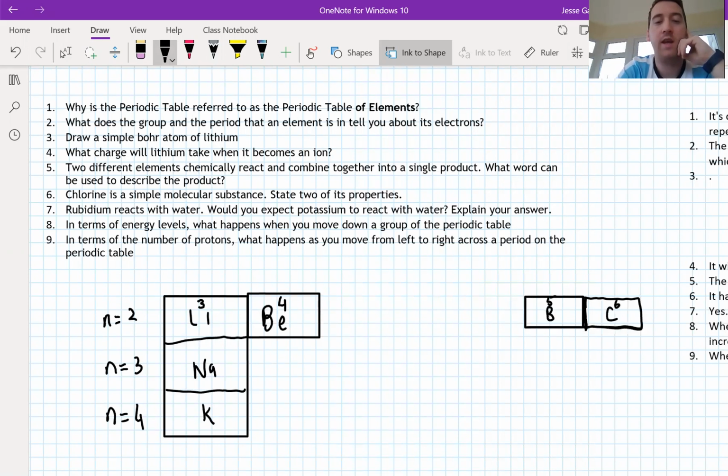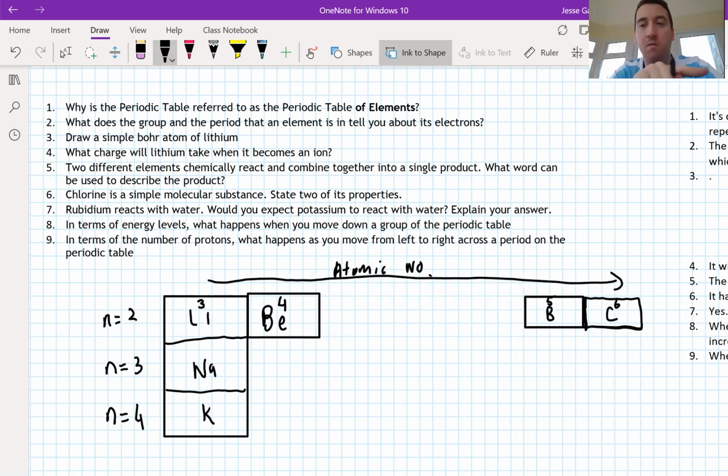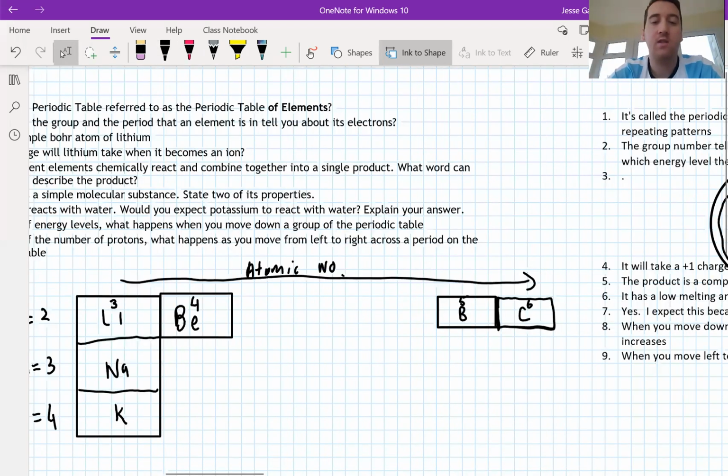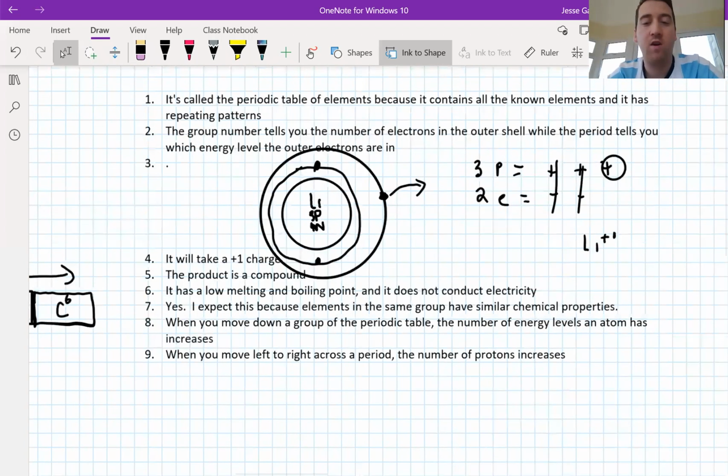So the pattern we see here is as we move from left to right, the atomic number increases by 1 each time. If the atomic number goes up by 1, that means the number of protons goes up by 1 because the atomic number tells us the number of protons. So the answer here is when you move from left to right across a period of the periodic table, the number of protons increases.